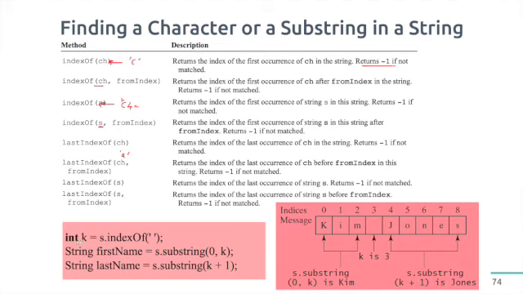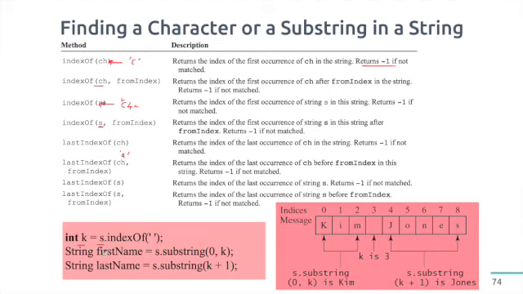And int k is the index of the string s at the empty space. So the string is "Kim Jones", and what we'll store in k is the index of the empty space, which is 3.